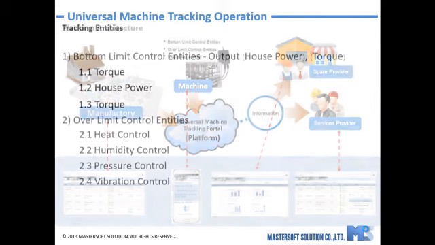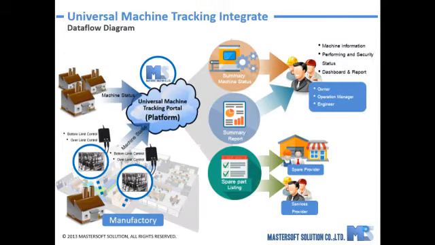Okay, this is the whole idea of what I call universal machine tracking. Because if you know the security status and also the performance status of the machine, you can manage it better, and it will be even better if you can share the cost and the time with others.